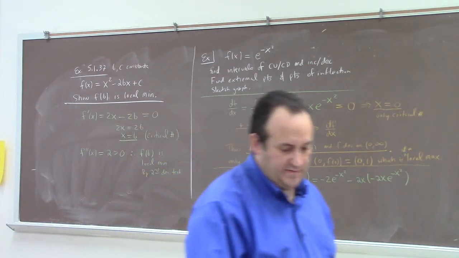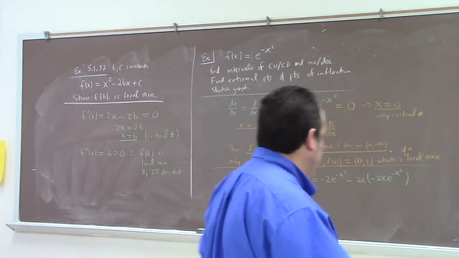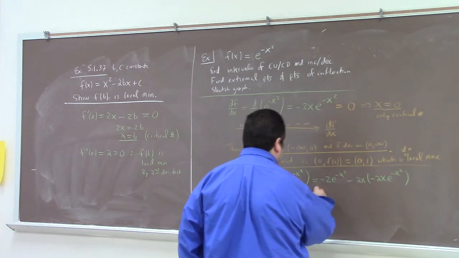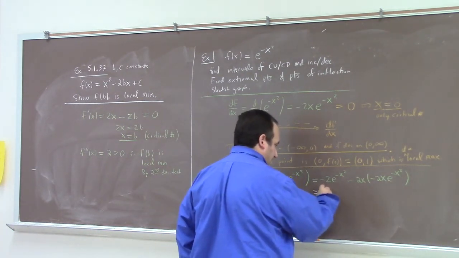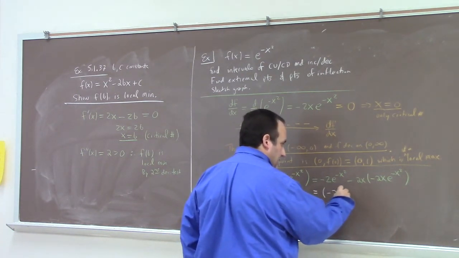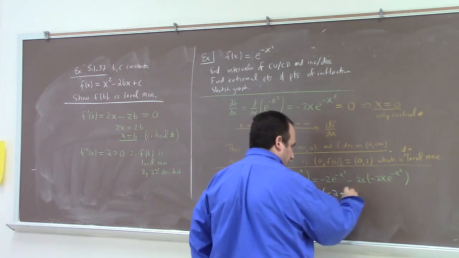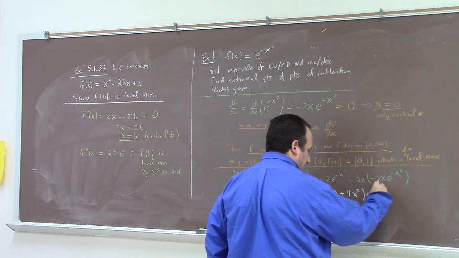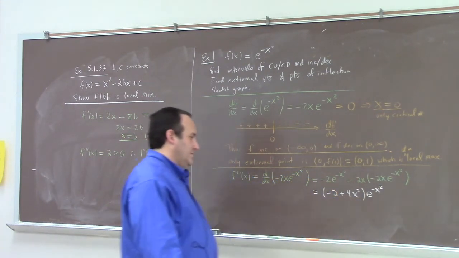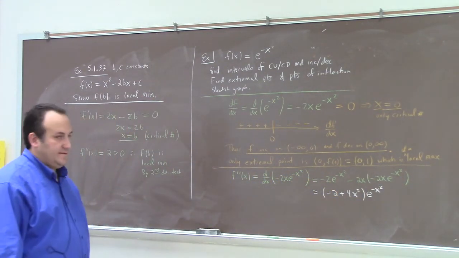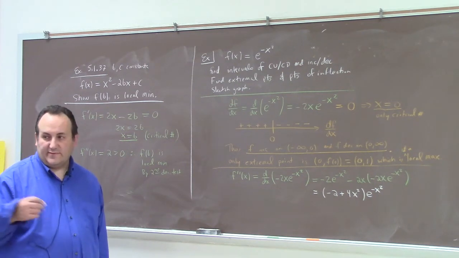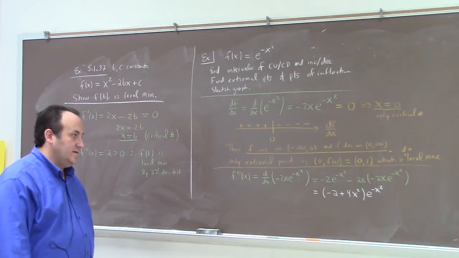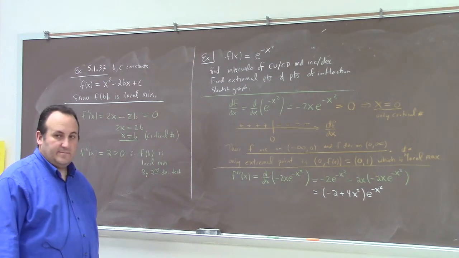You want to clean up your work because otherwise it's hard to see where it's 0, right? So I'll suffer the nub. All right, so we've got minus 2 plus 4x squared times e to the minus x squared for f prime prime. See that? Minus 2x times minus 2x is a plus 4x squared, and you got the minus 2 there, right?